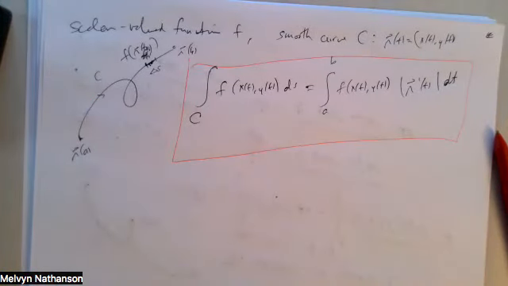You have to know the formula. This is how you calculate a line integral of a scalar function along the curve. And the simplest thing to do is to do some examples.